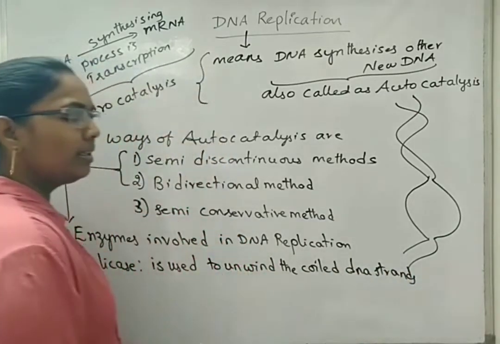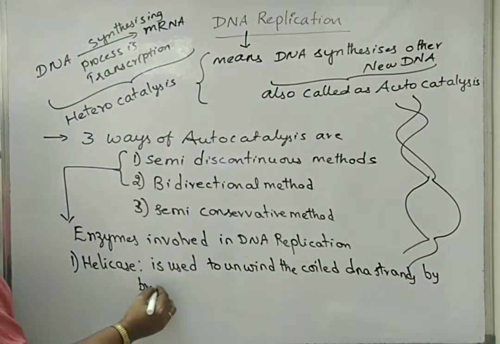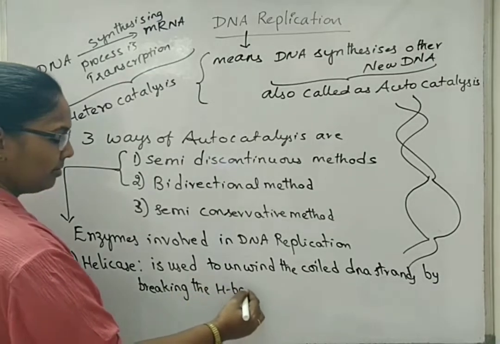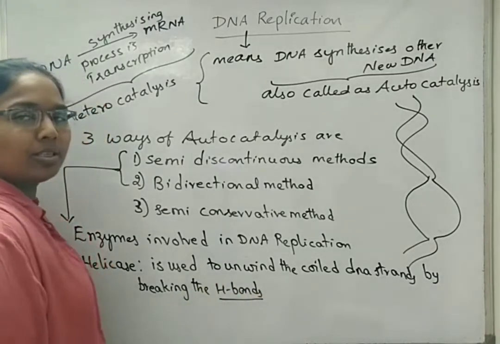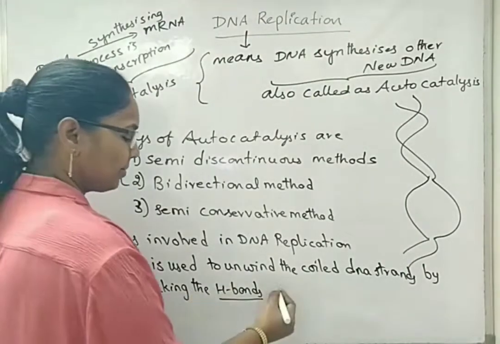How is it uncoiling? By breaking the hydrogen bonds. Where are these hydrogen bonds located? These are located between the nitrogen base pairs.